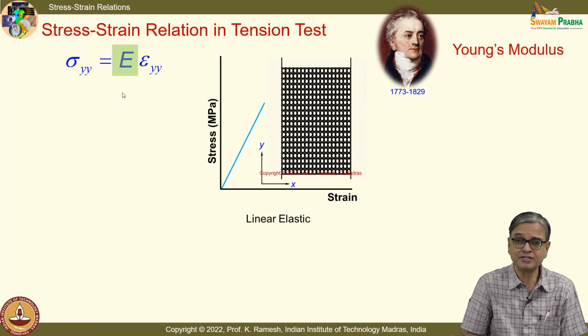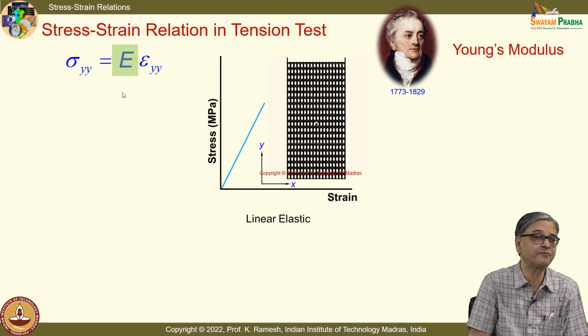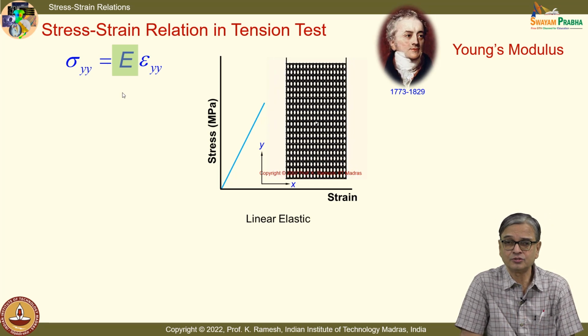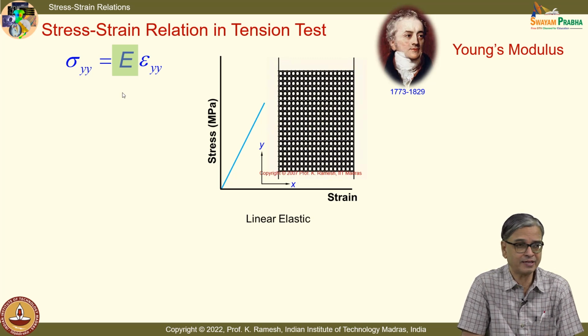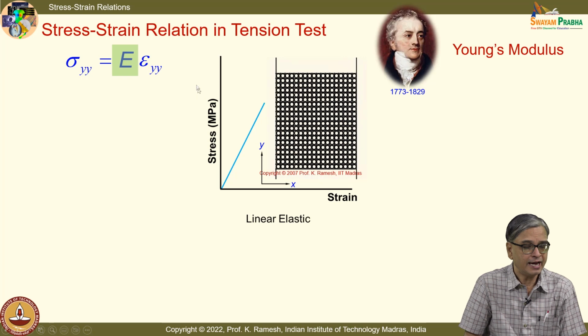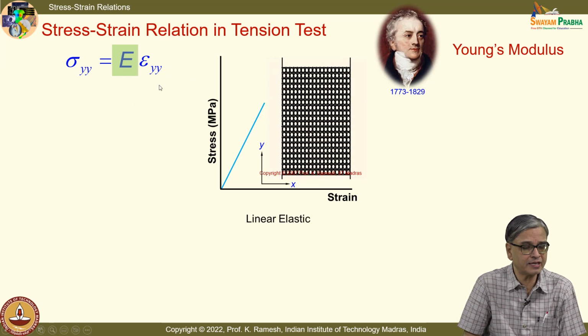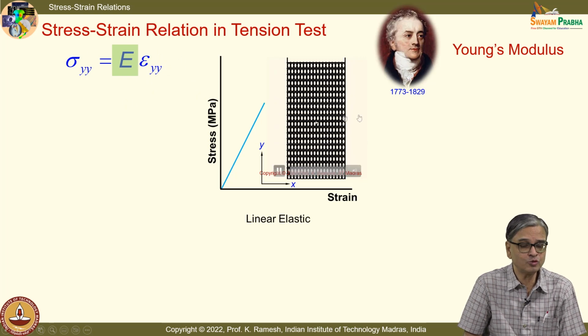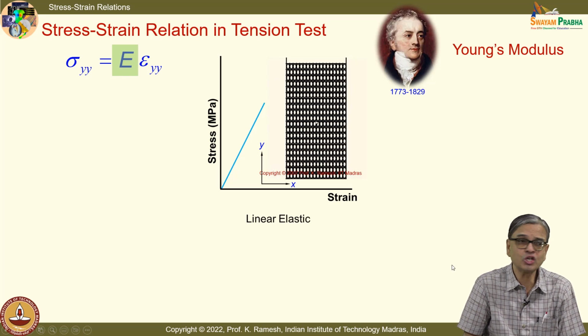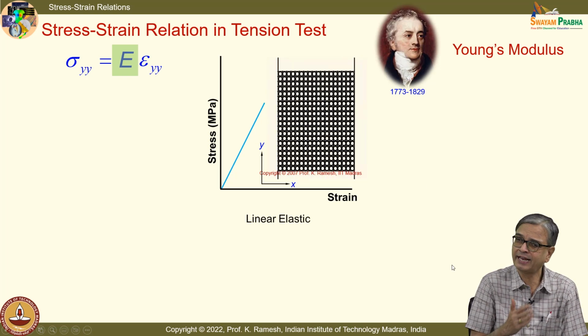Okay, but we've seen that this linear relationship was first hypothesized by Bernoulli. Okay, the brother of the first Bernoulli. Okay, and you not only have epsilon yy, you also have epsilon xx, you also have epsilon zz, lateral strain.